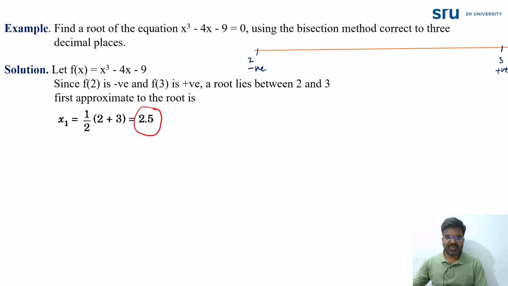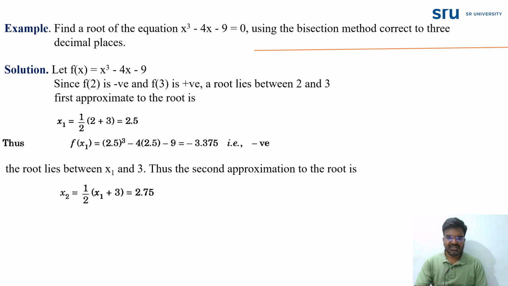In the next step, we have to find the functional value at 2.5. See, what is the functional value at 2.5? f of x1 equals minus 3.375. So it is negative. Already we know at 2 it is negative, and at 3 it is positive. So at x1 the function is negative.